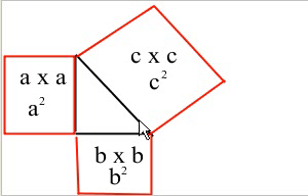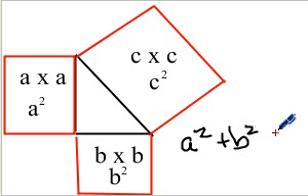So this length here is c, so the area would be c times c, or c squared. And I know these aren't precise squares. So what the theorem states is that a squared plus b squared is equal to c squared. So if you take this area and add it to this area, it'll be the same as this area.